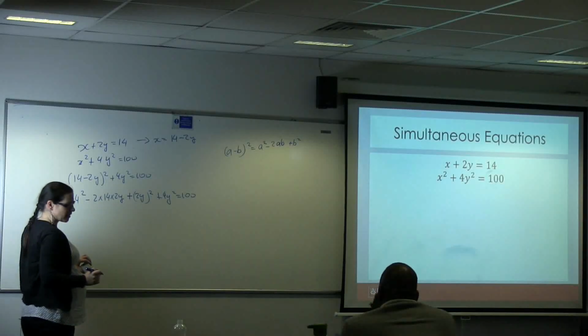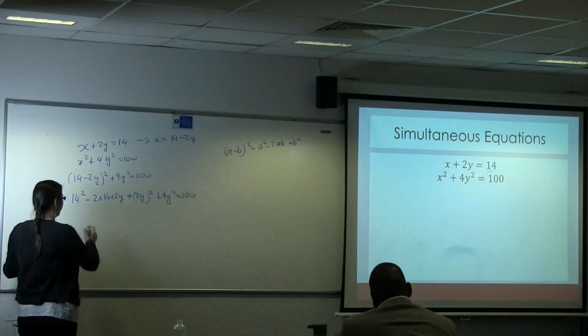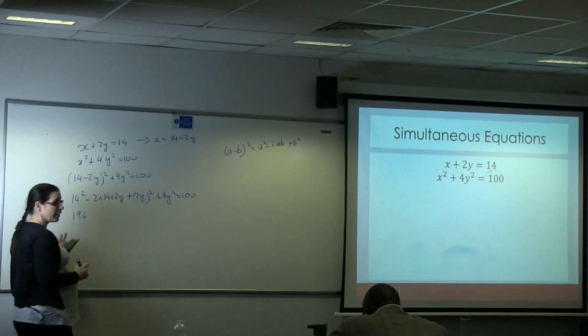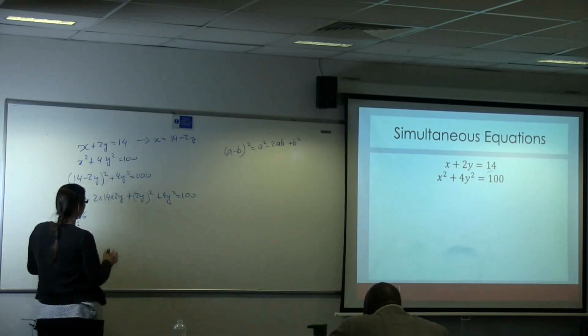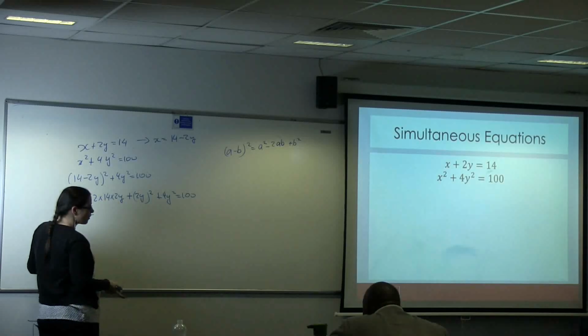14 squared is, I can't remember. 196. I would have said 169, so that would not have been useful. 14 times 2 times 2, that's basically double 14, twice. So that's 28, and double of 28 would be 56.